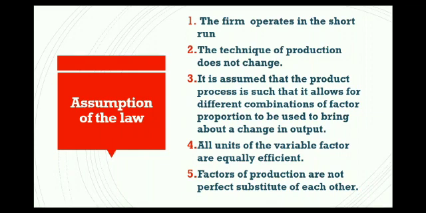This implies that output does not change because one unit of labor is more efficient than another. Point number 5, factors of production are not perfect substitutes of each other. This means that some amount of all factors is required for production to take place.